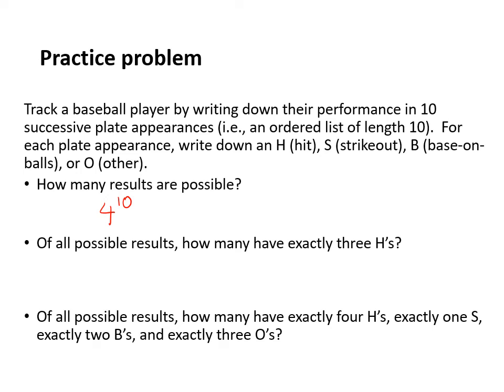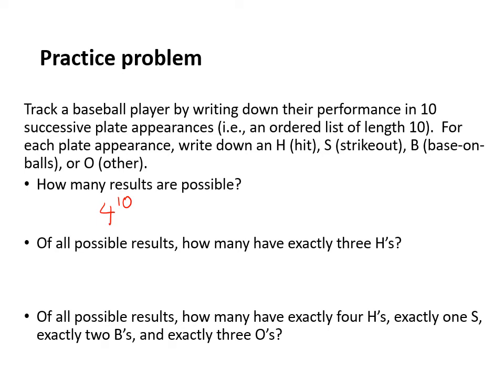Okay? Now the question is, out of all possible results, how many have exactly 3 H's? We solved a very similar problem to this. So we need exactly 3 H's. So first we are going to place these 3 H's.